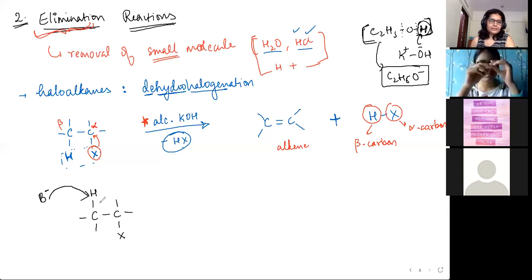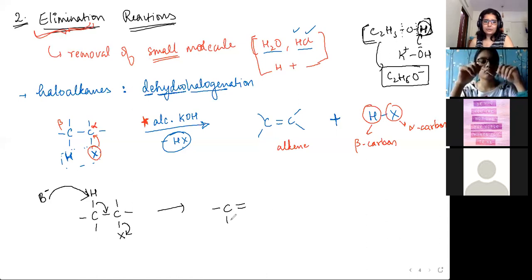Because it takes away the H plus, these electrons migrate over here. Because this is getting electron rich, chlorine being more electronegative is going to take these electrons with it. So what ends up happening is you have C double bond C plus BH plus X minus.